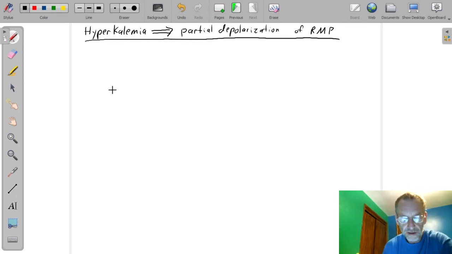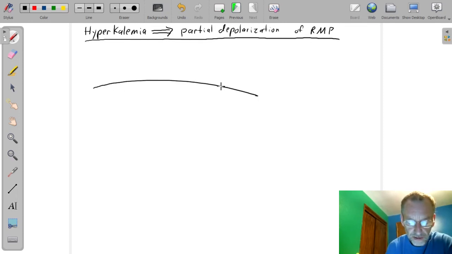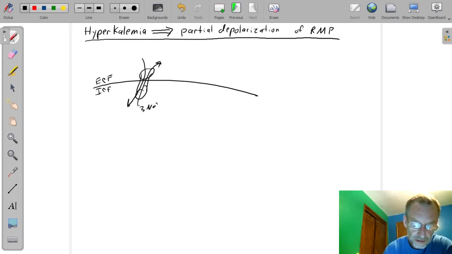So let's whip out another quick drawing here. I don't know if it's necessary, but we will anyway. Extracellular fluid, intracellular fluid, the sodium-potassium pump with the 3 sodium out and the 2 potassium in. And we're hydrolyzing ATP. Same old, same old.